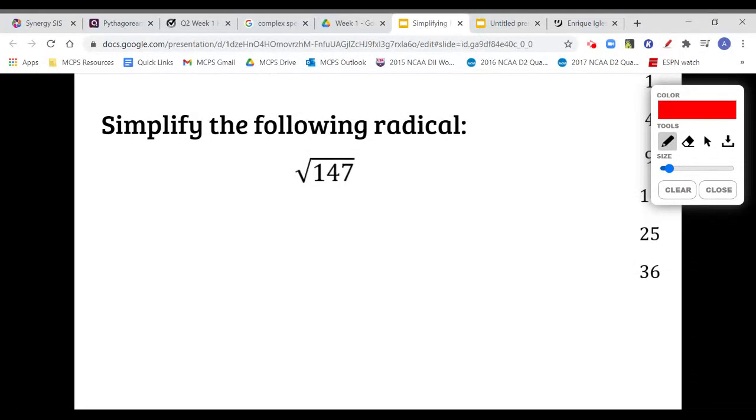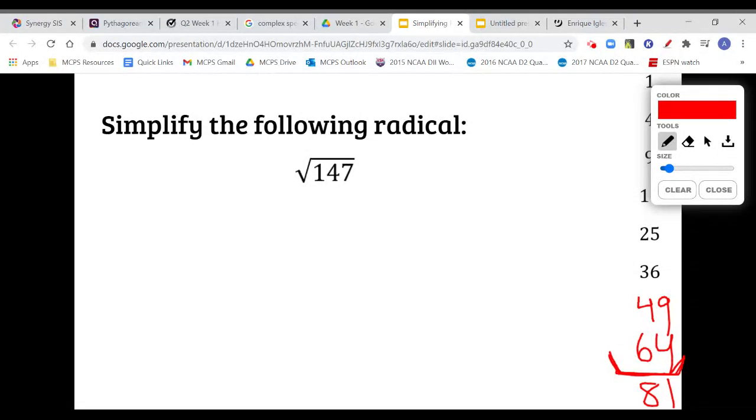So again, I'm going to extend this list because at this point, I know my next couple perfect squares. And once again, just like the last one, my largest perfect square that's less than 73.5 happens to be 64. So I'm going to work through from the biggest to the smallest number, seeing which one works. So 147 divided by 64 does not come out to an even number. 147 divided by 49.